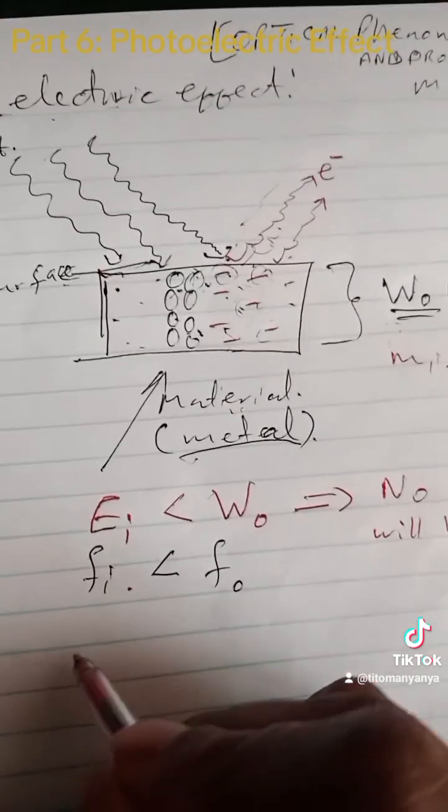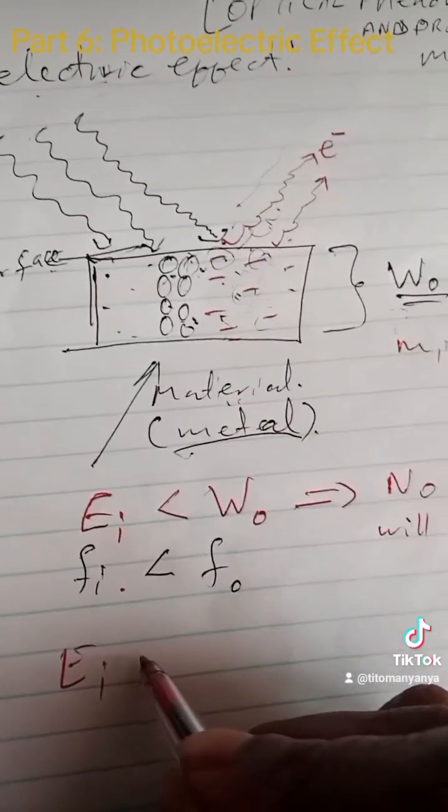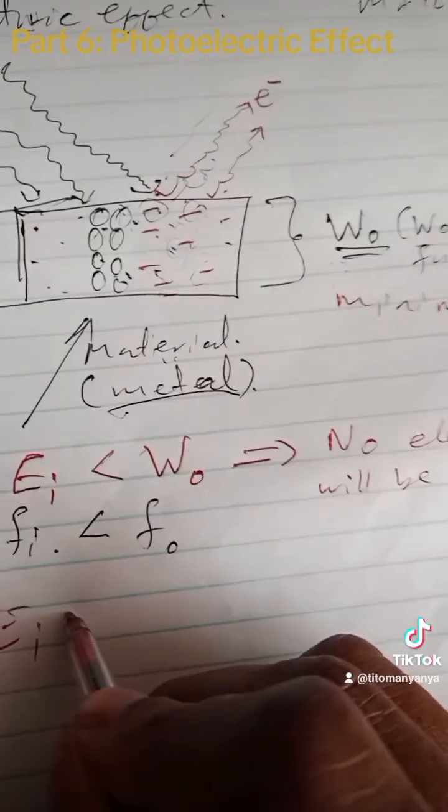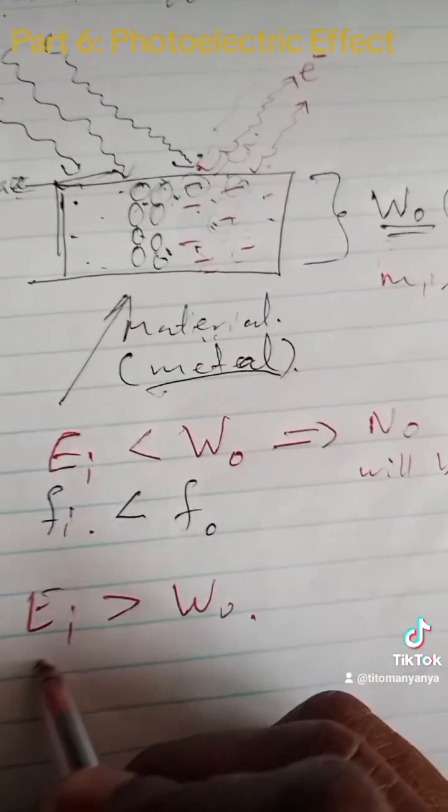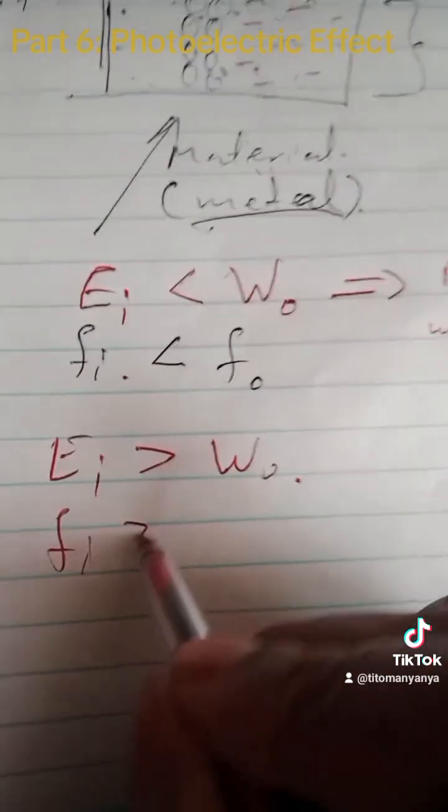All right, let's assume now the incident energy of the light, or the energy of the photon, is greater than the work function. Also, the incident frequency is greater than the threshold frequency.